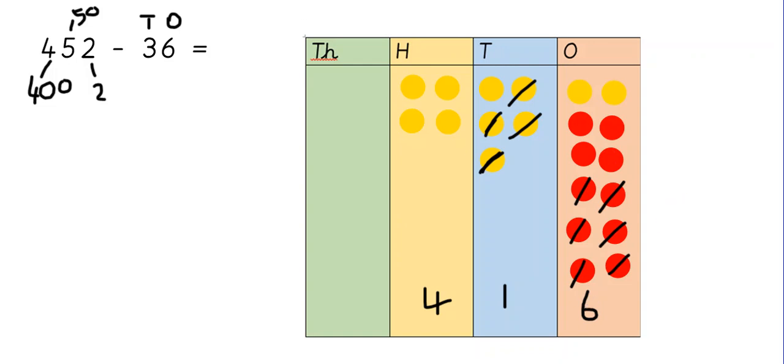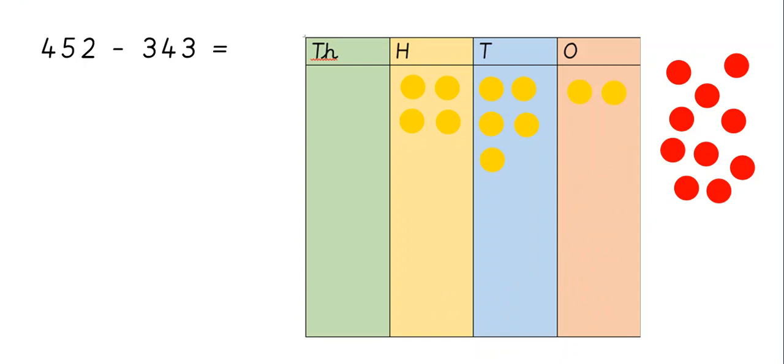Let's do another one together. So I've got 452 minus 343. Okay, so we're taking hundreds away again this time, but don't panic. So put our place value above, so we've got our ones column, we've got tens, and we've got hundreds.